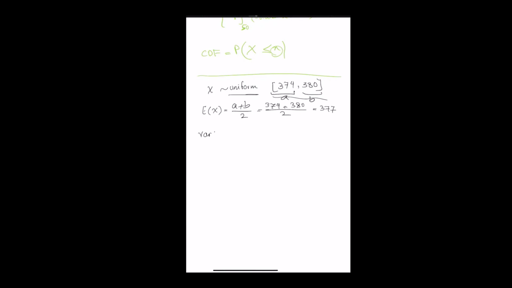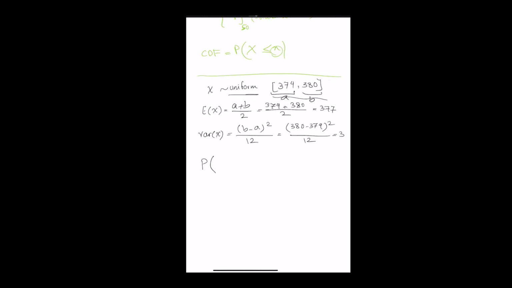What is variance of x? It's (b minus a) squared over 12. So 380 minus 374 squared divided by 12, and I think it's going to be 3. What is the probability that the container is filled with less than the advertised target of 375?